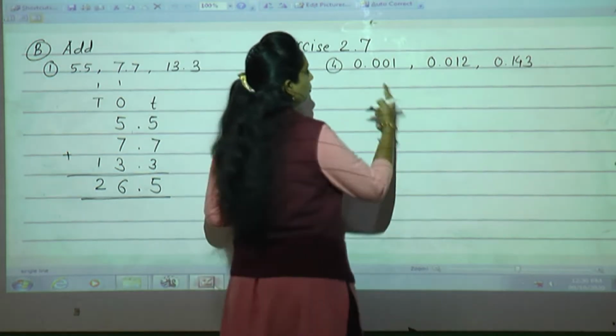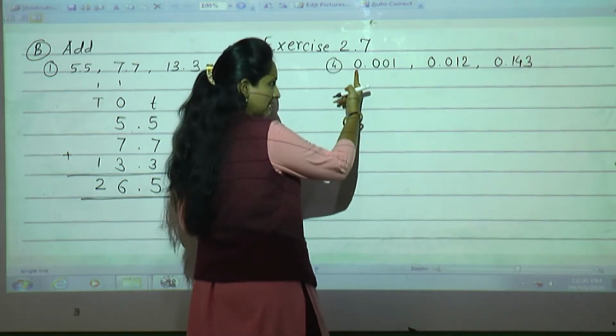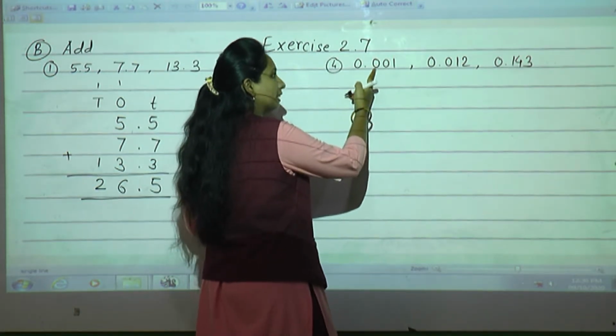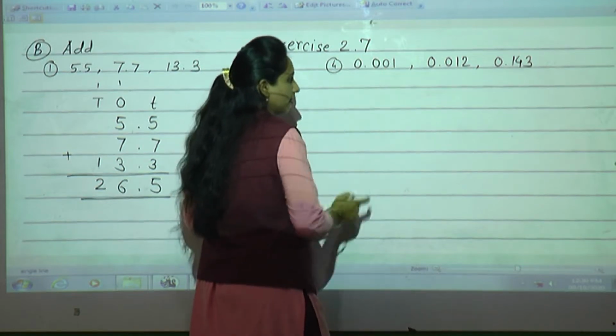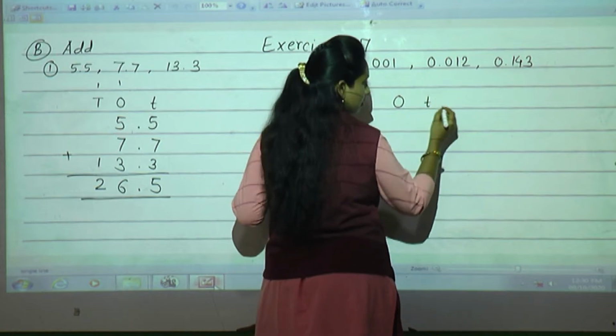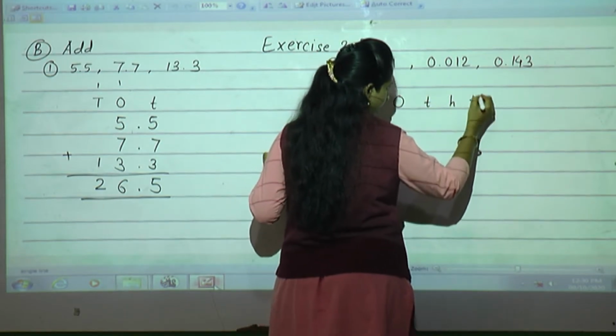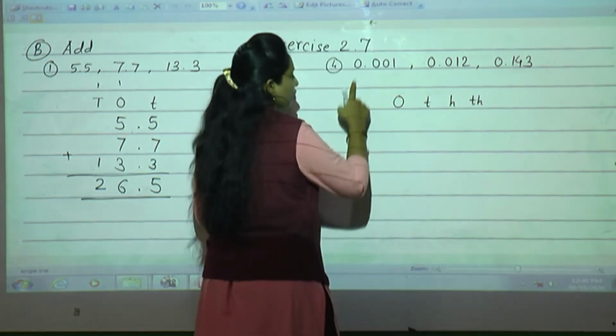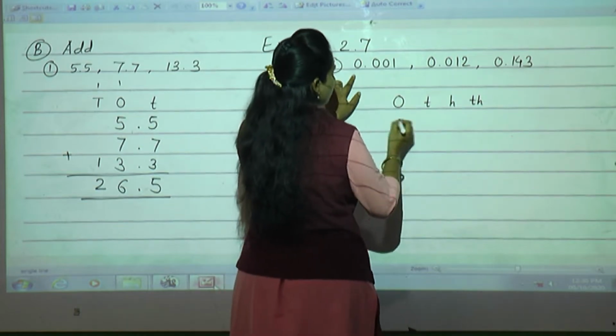Okay, so what are the place values? Ones is there, after the decimal tenths, hundredths and thousandths. So I'll write here ones, tenths, hundredths and thousandths. Ones place 0, so write here.